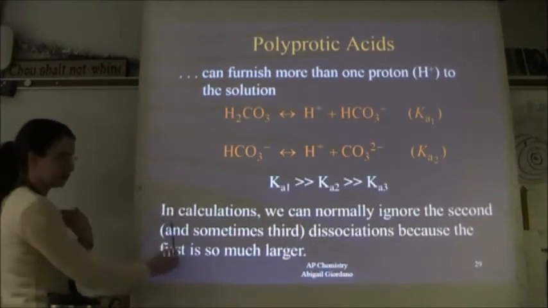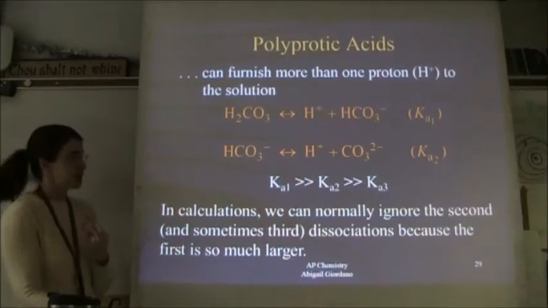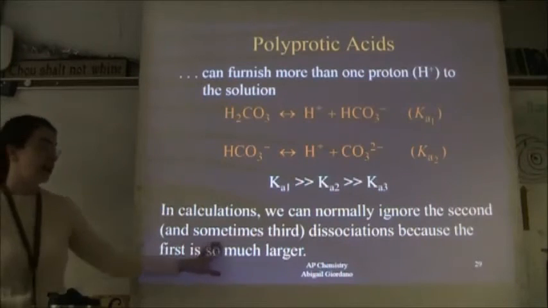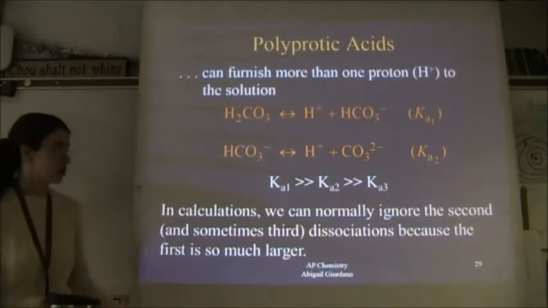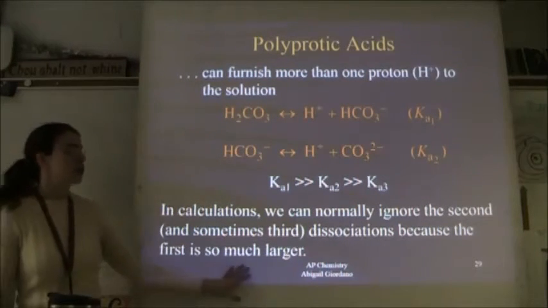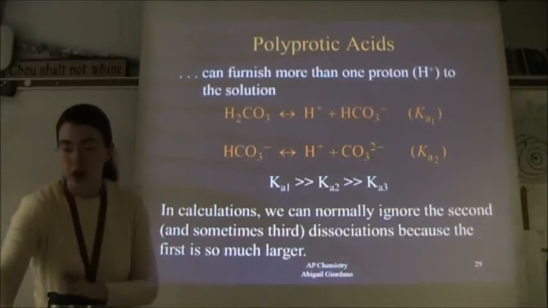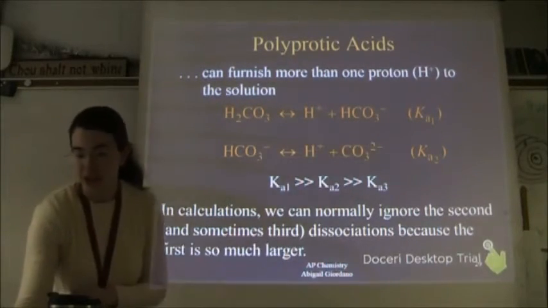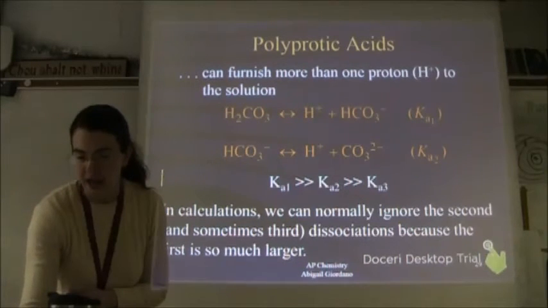All right? It says, in calculations, we can normally ignore the second, and if there was a third dissociation, because the first is so much larger, okay? When I say a possible third dissociation, imagine if we had this acid.